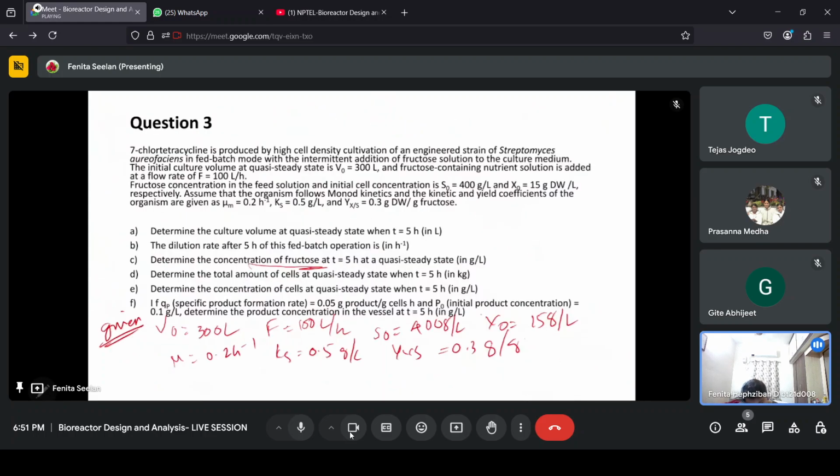X naught is given as 15 gram dry weight per liter, and Y X/S is given as 0.3 gram dry weight per gram of fructose. S I is given as 400 gram per liter. And how much is the time for fed batch? It's given as 5 hours.